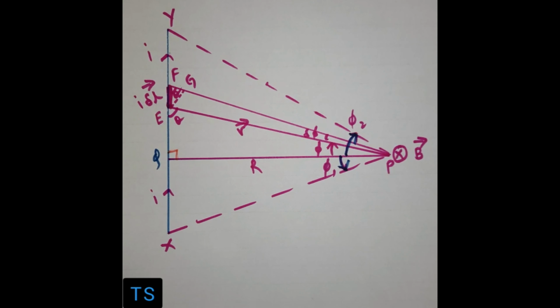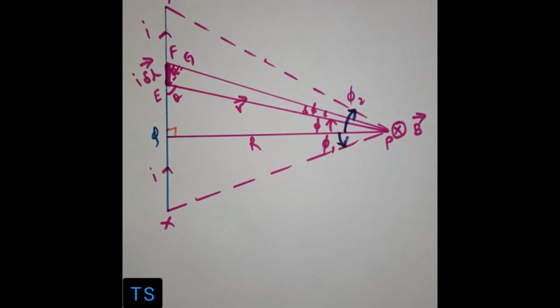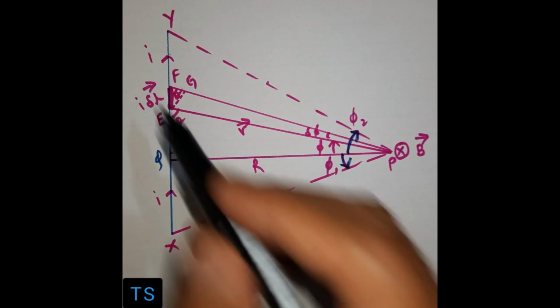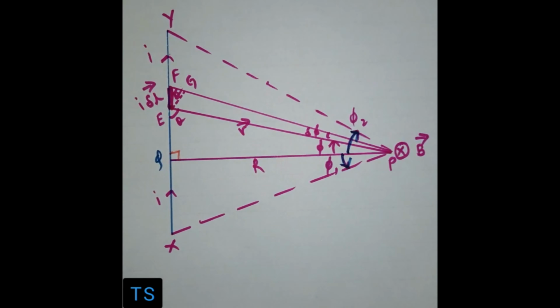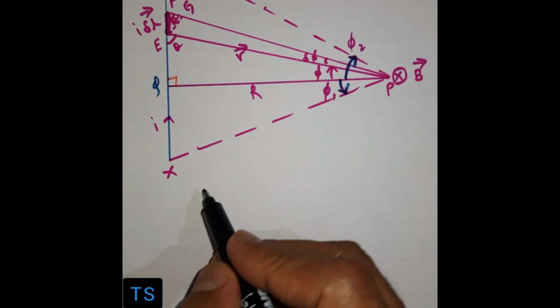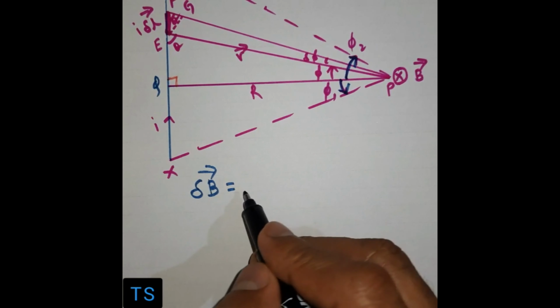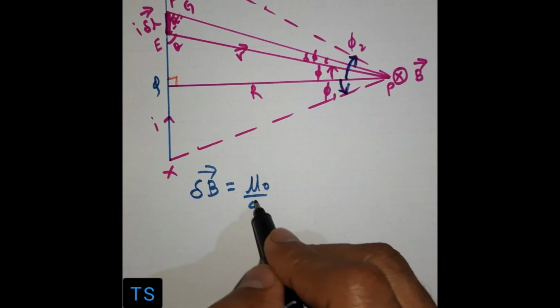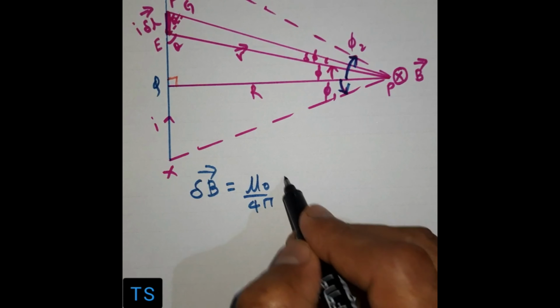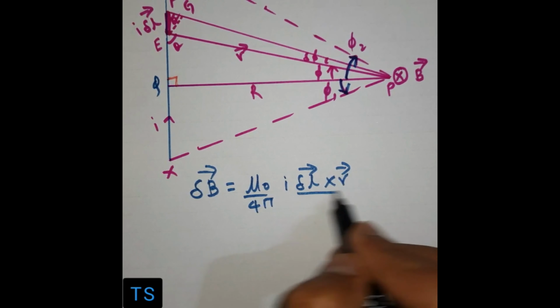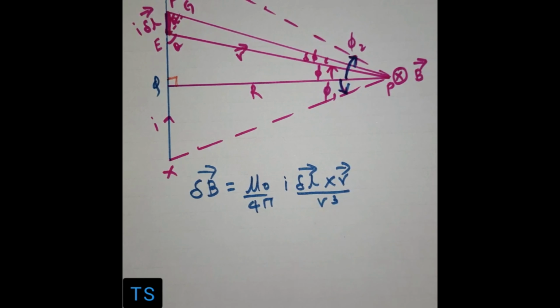So we'll derive with the help of all this information. First we'll derive the magnetic field due to this point, delta B bar. According to Biot-Savart law, it's mu naught by 4 pi, I delta L bar cross R bar upon R cube.